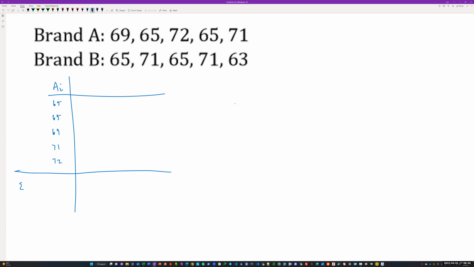First step is add all these numbers up, then divide by 5. So we have, what's this? 13, 22. So this is 20, 34. I think it's 342.